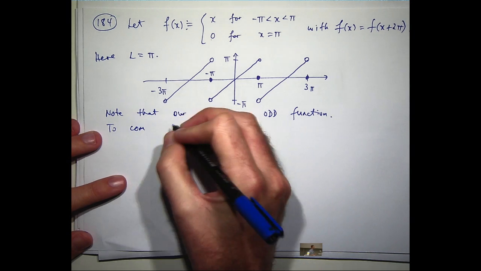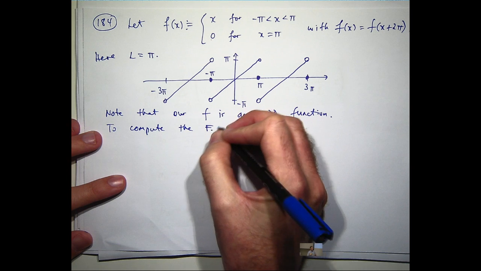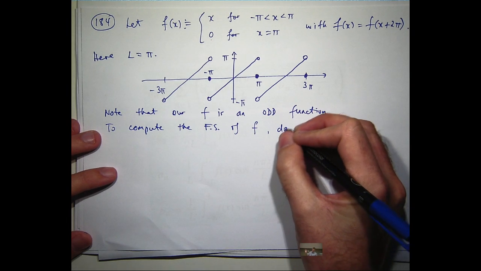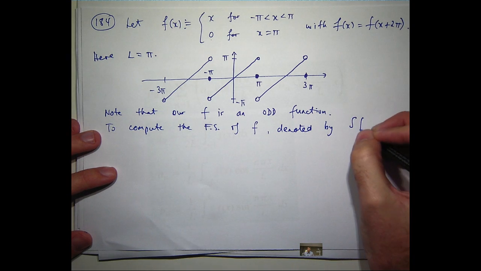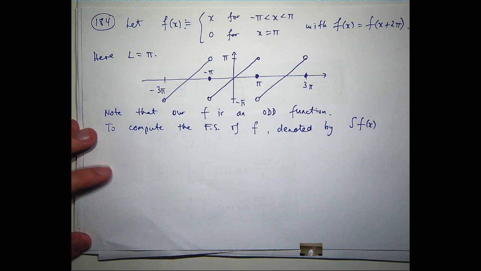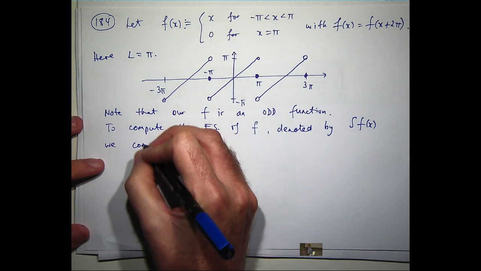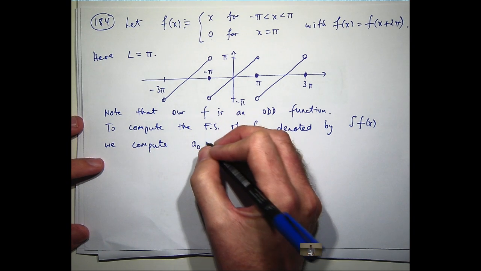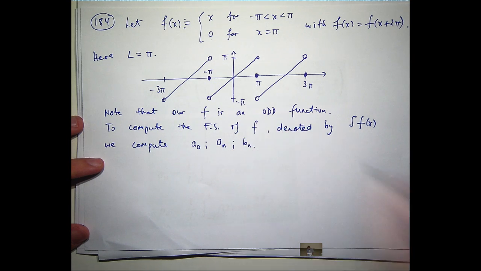To compute the Fourier series of f, which I'm going to denote by big S f of x, we compute the coefficients a0, an, and bn.